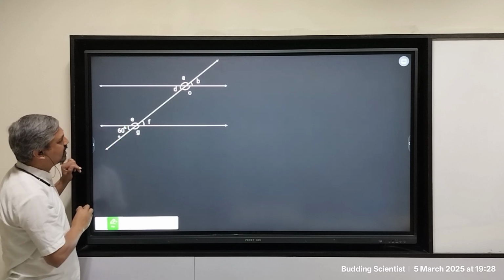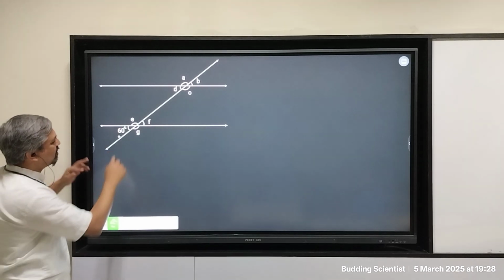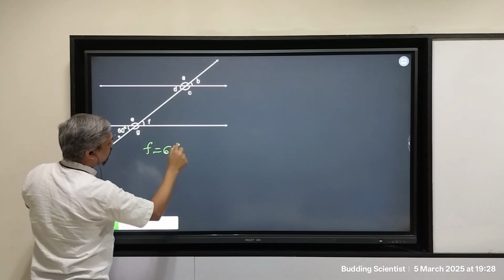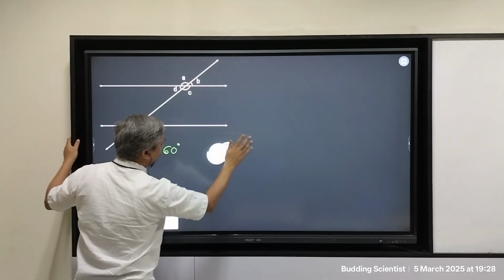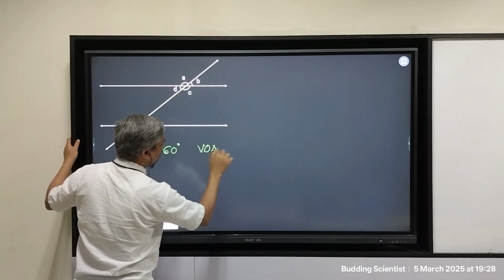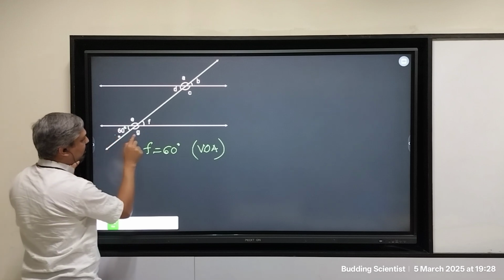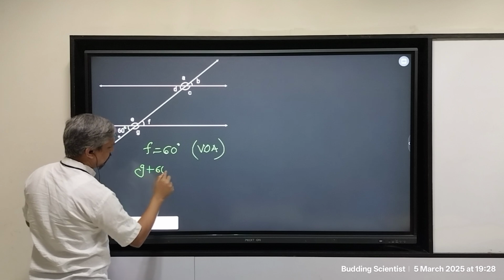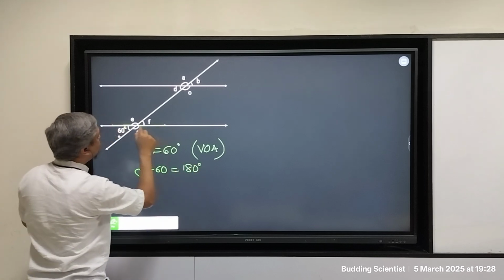This is 60 degrees. If this is 60 degrees, find everything else. This is 60 degrees. F is equal to 60 degrees because it is a vertically opposite angle, VOA. If this is 60, G plus 60 is equal to 180 degrees because they form a linear pair.